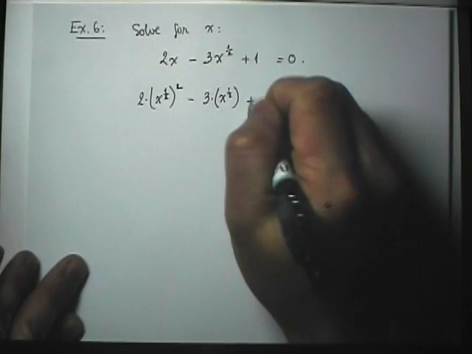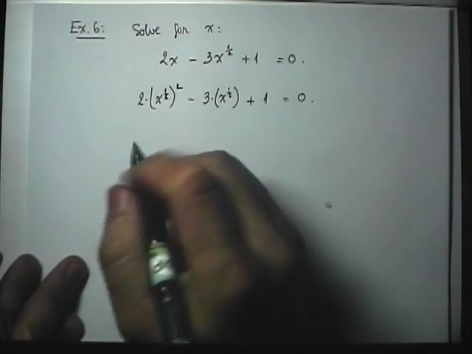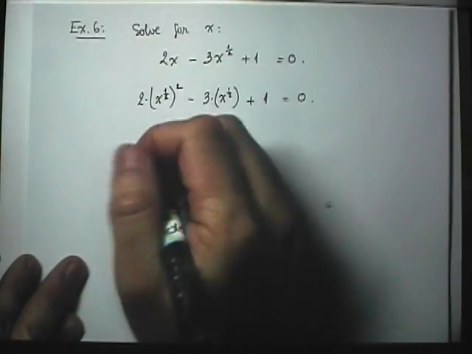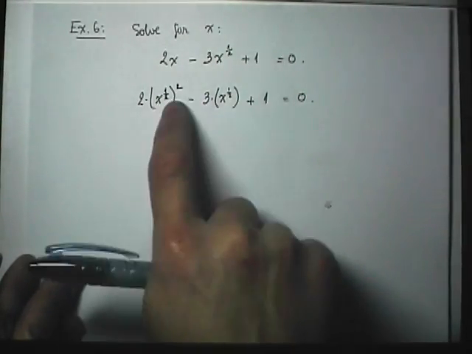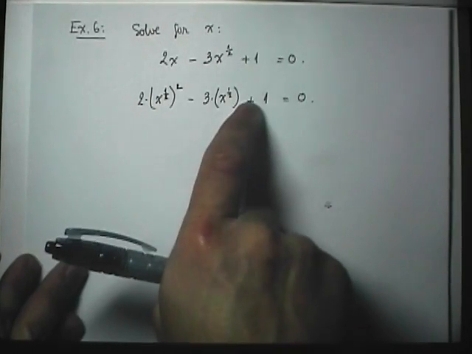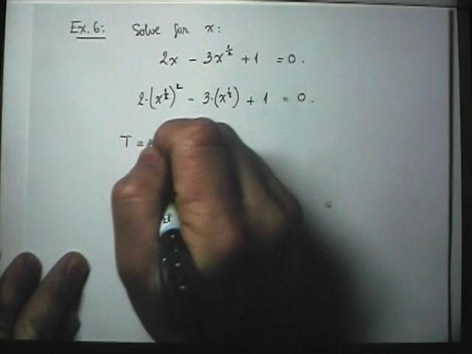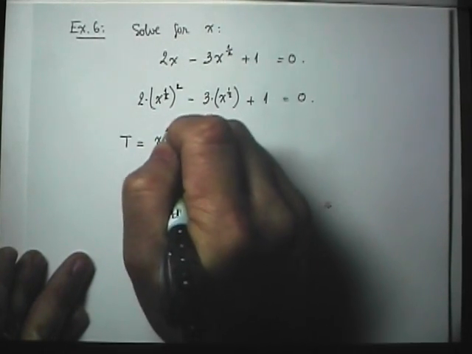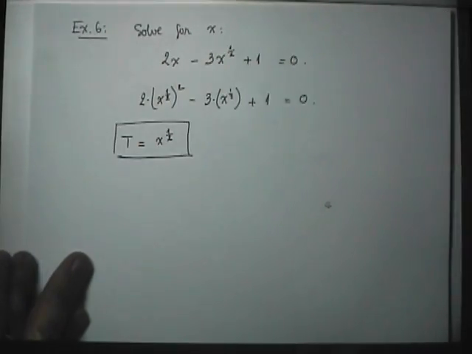And plus 1 equals 0. So now the equation I have in front of me is showing the quadratic-like behavior here. So I can just use my substitution point here to let t equal x to the 1/2 power. Okay, and that is going to be my substitution point.